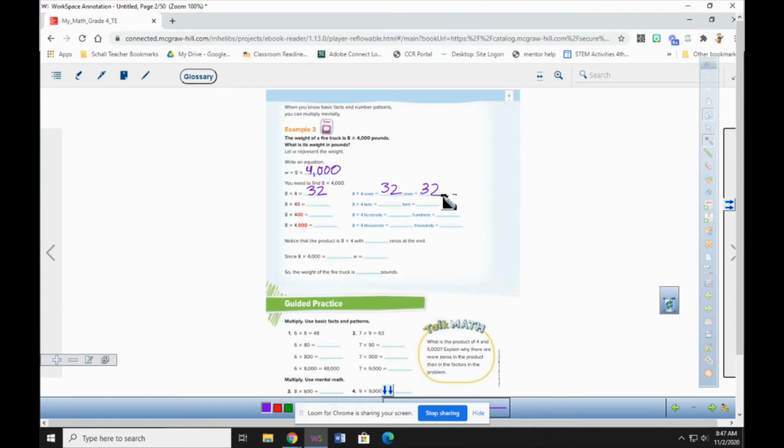Then we're going to start building with our patterns of zeros. 8 times 4 is 32, so 8 times 40 is 320. 8 times 400 is 3,200. 8 times 4,000 is 32,000.